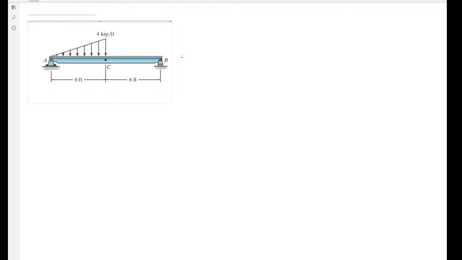So step one in all of these is to figure out what the, okay, I don't know how things are going to go here. This is very odd.